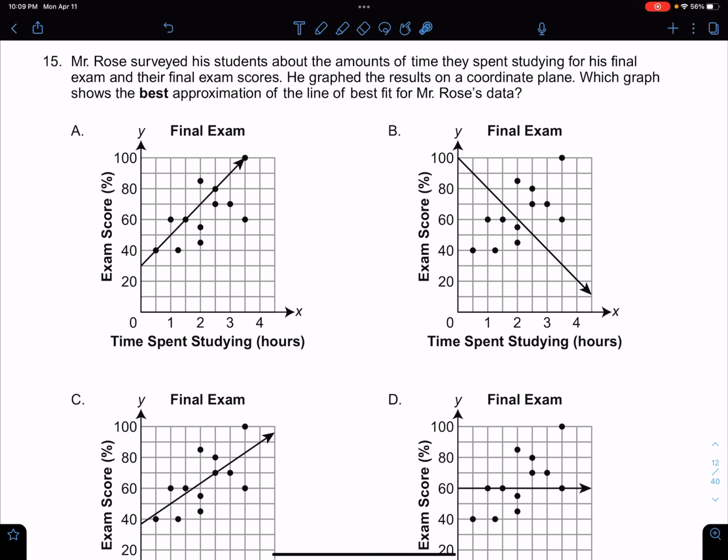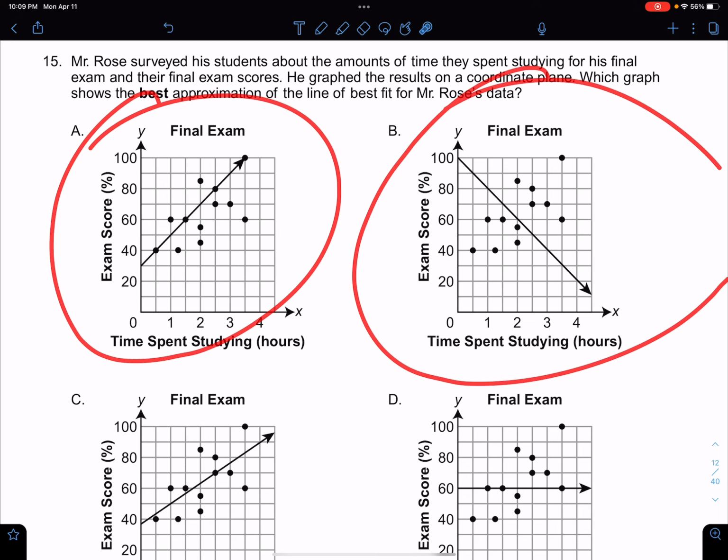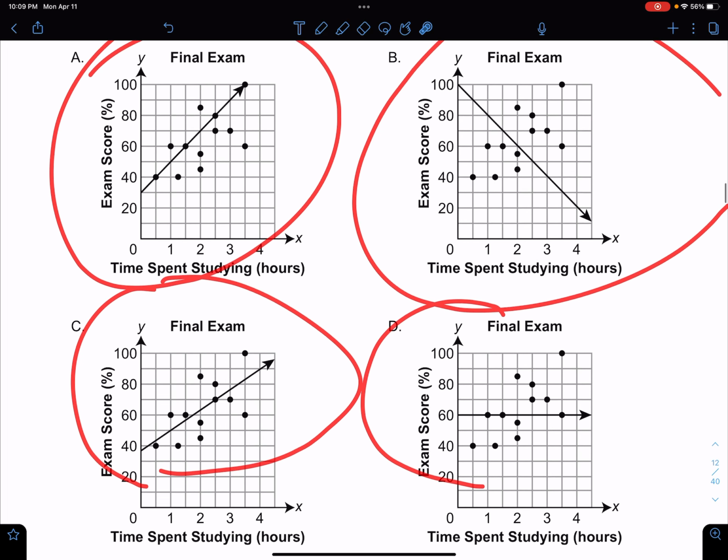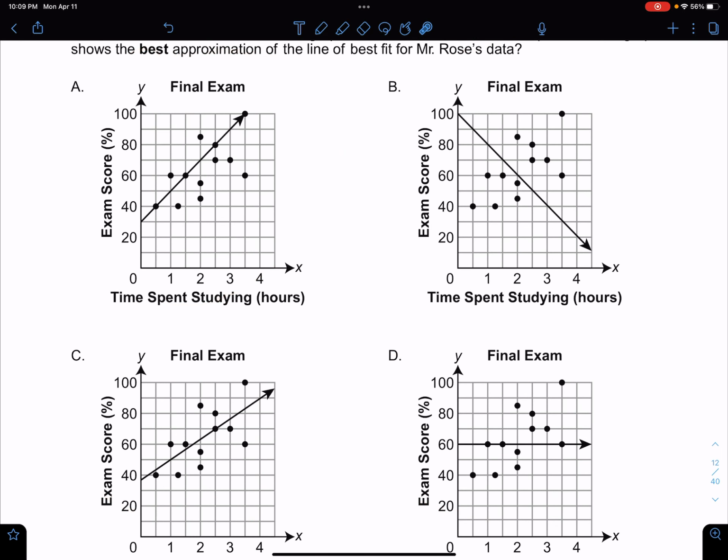I look at all of these graphs, and it's really easy for the dots and stuff to overwhelm me, but we're not going to let it. Basically, we're trying to find the graph that has the dots that are most accurate or approximate to the line.